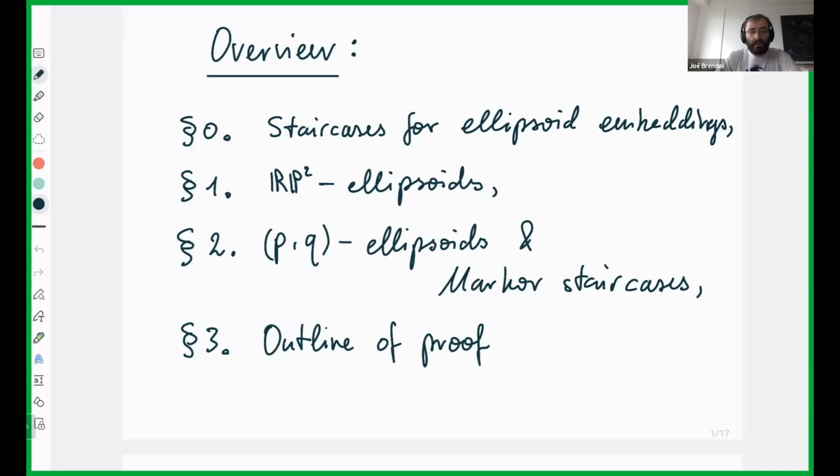So this is not a classical ellipsoid, it's not even a toric domain. So it kind of ventures into new territory. And it's a special case of the general PQ ellipsoids that I will discuss in the second paragraph, which give rise to these Markov staircases. And then in the end, I would like to discuss an outline of the proof, or at least give one of the key ideas of the proof.